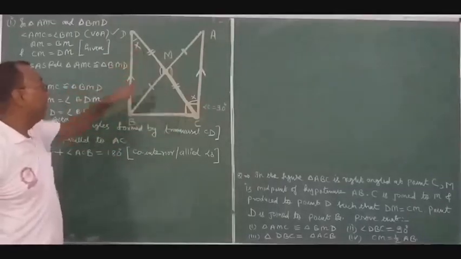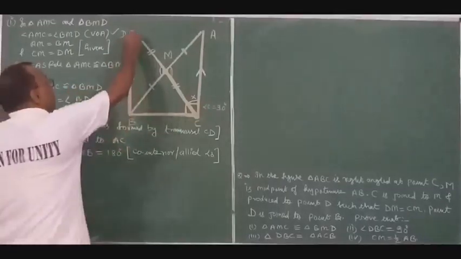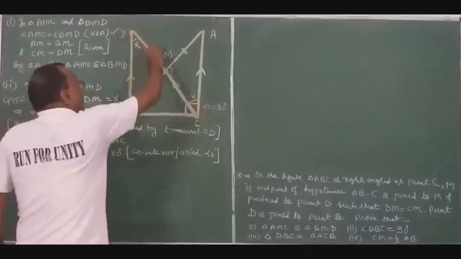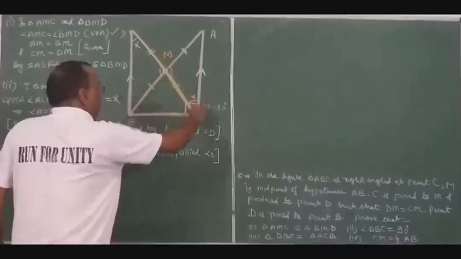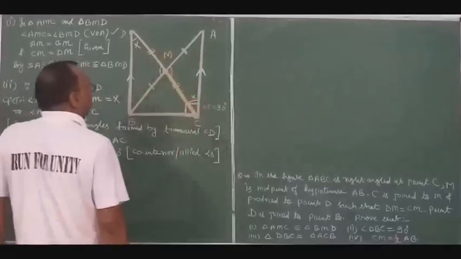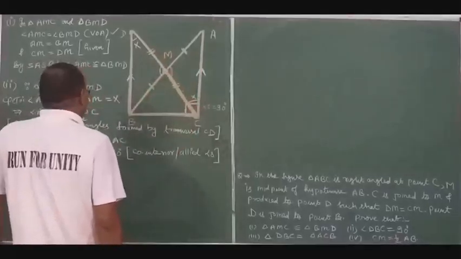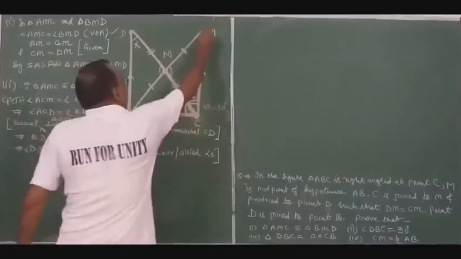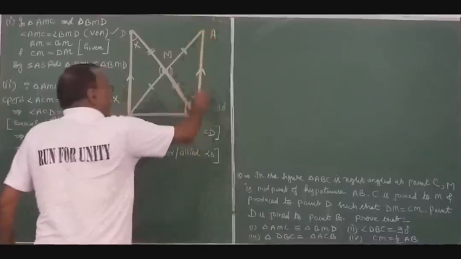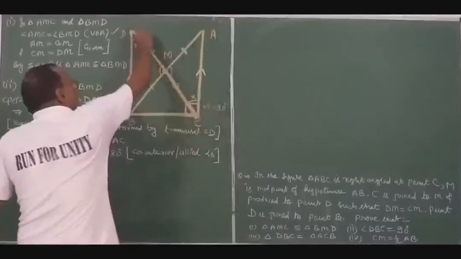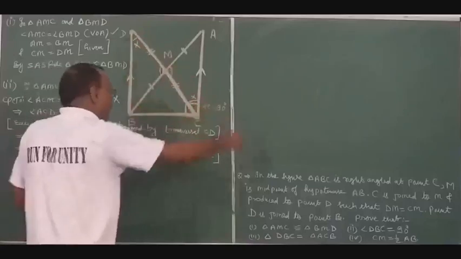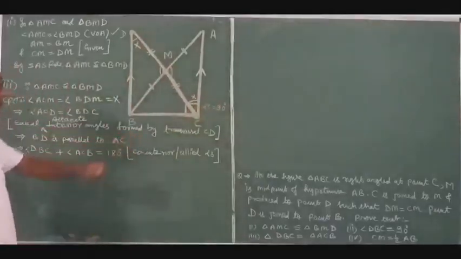This angle, which one? BDC. And another one is ACD. These two angles are equal, and DC is acting as a transversal.